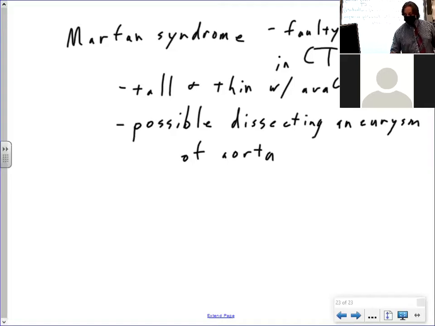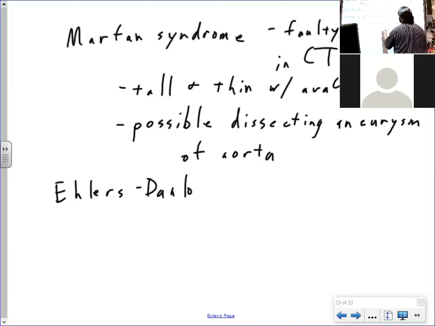All right, that is a genetic disorder, an inherited disorder, as is this next one. The next one we'll talk about is Ehlers-Danlos syndrome. Ehlers-Danlos syndrome is abnormalities of collagen and elastin fibers.